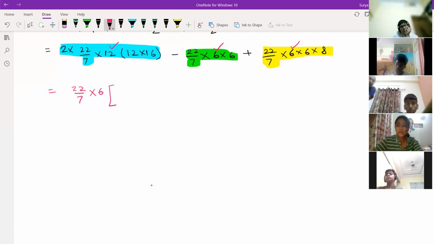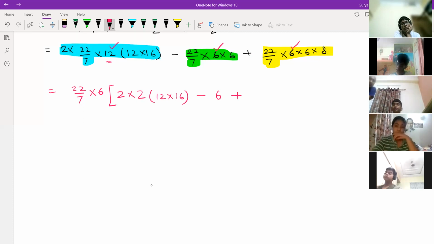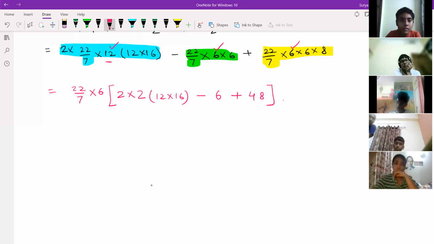In last what will come? 2 into, here you have taken 6, so we can write 2 in bracket 12 into 16 minus 6 plus 6 into 8, 48. Again 22 by 7 into 6. 2 2s are 4.